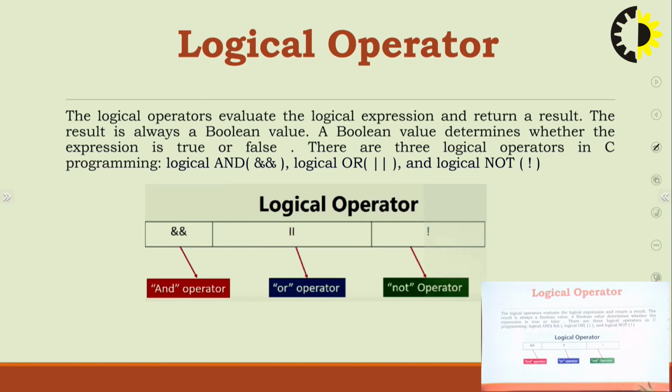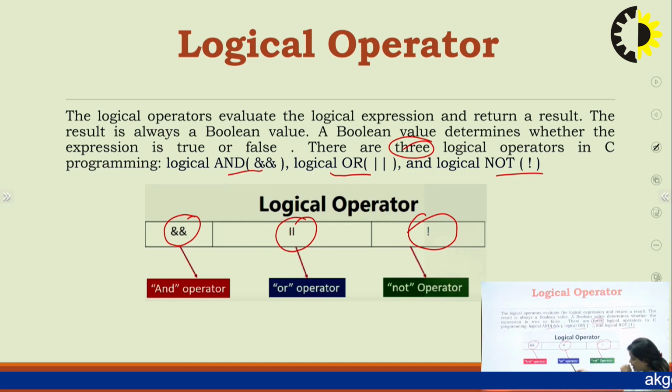As I told you in the previous slide, there are 3 types of logical operators in C: and, or, not. We define and with this symbol, or in this way, and not in this way. What and, or, and not do, we'll understand in the further slides.